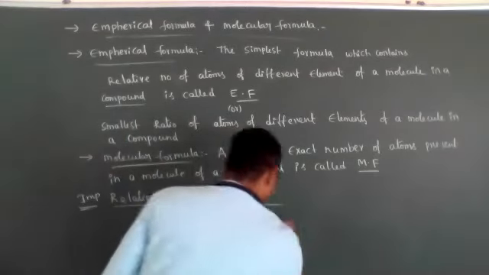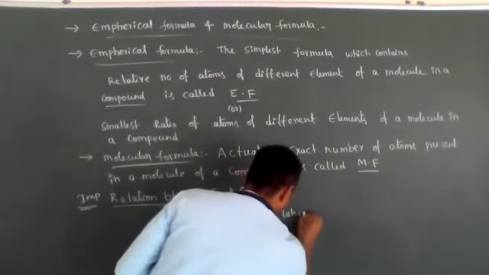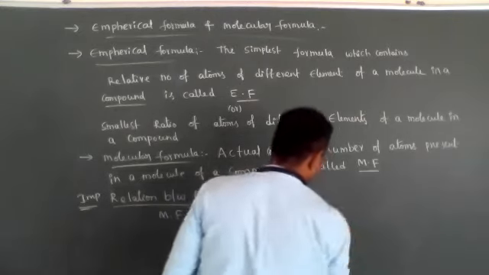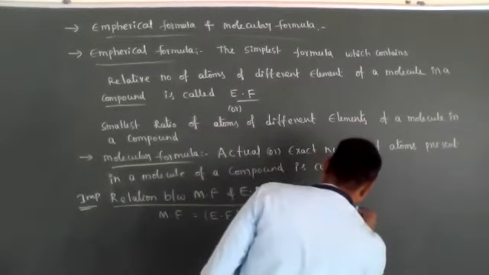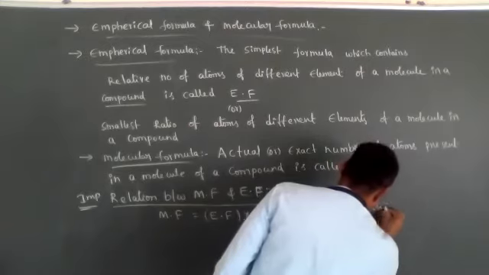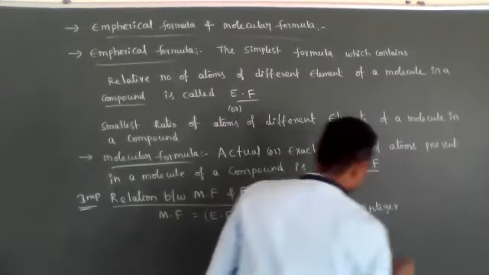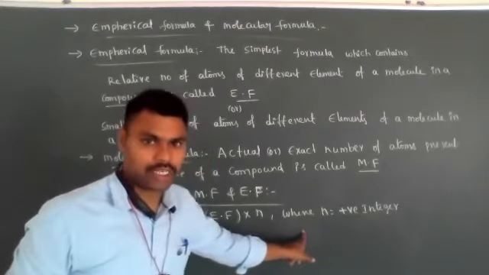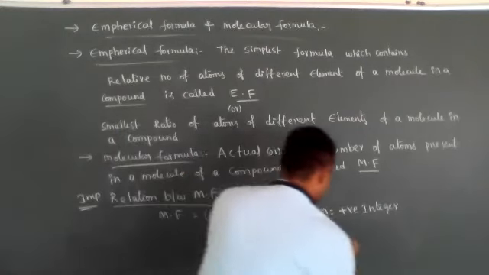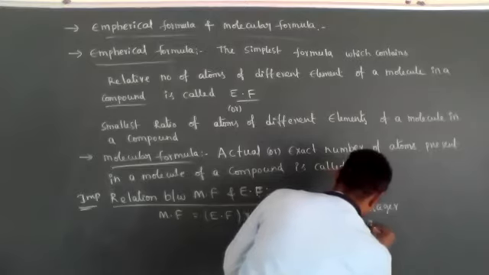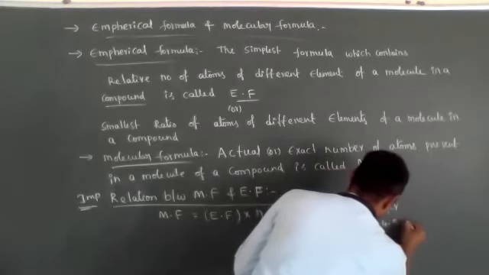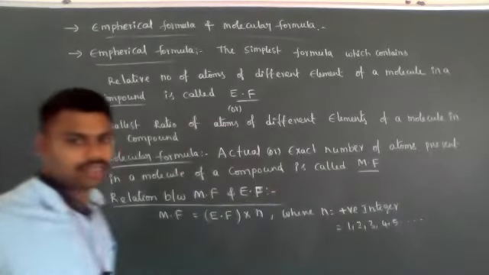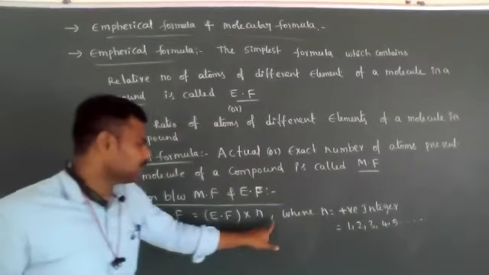What is n? Where n is equal to a positive integer, maybe 1, 2, 3, 4, 5 like that. Maybe n is equal to 1.